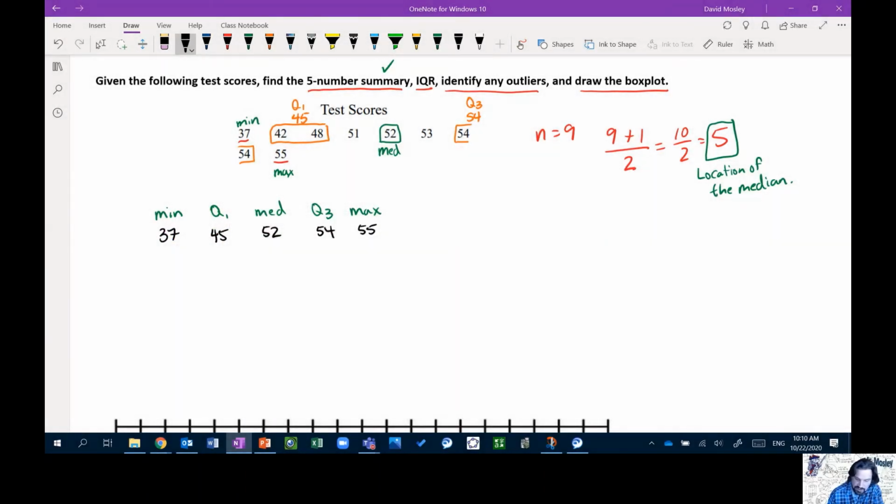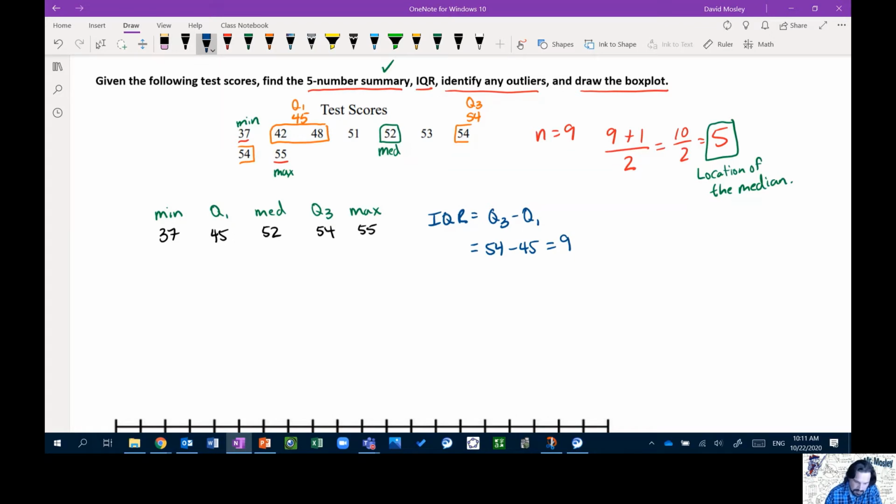So then let's find our IQR as our next step. That's the next thing in our list of things to do. So the IQR, or the interquartile range, is equal to Q3 minus Q1. In this case, we have a Q3 of 54 minus Q1 of 45, and that will equal 9.